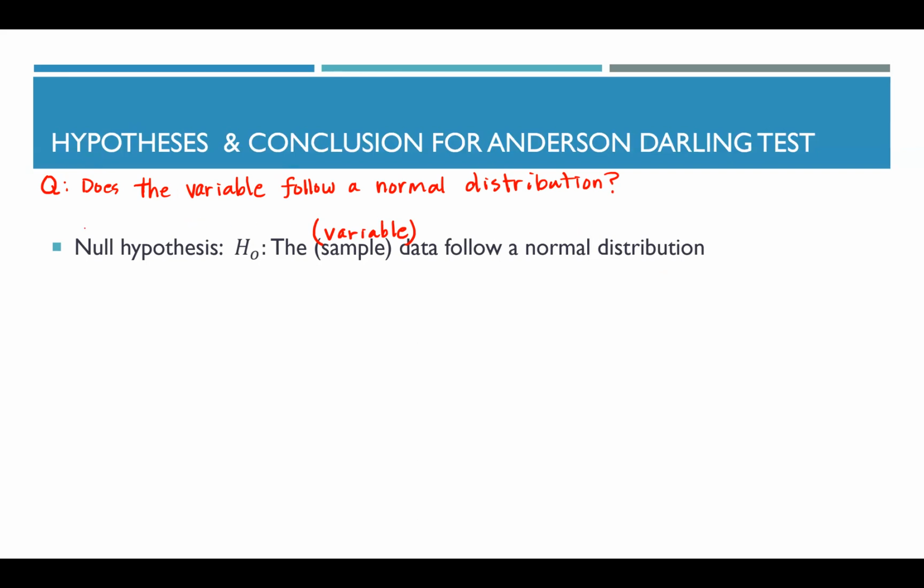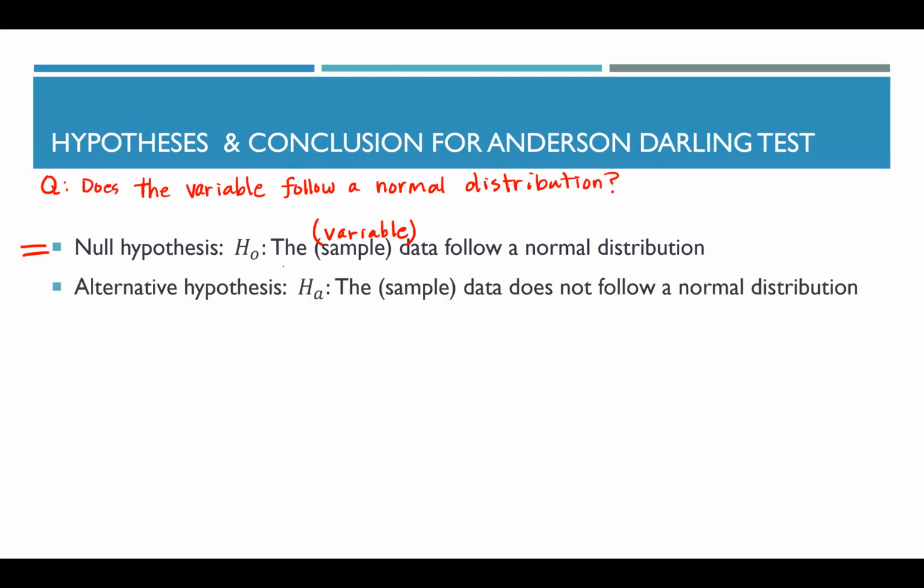Our null hypothesis, remember, must always contain equal. This phrasing, that we follow a normal distribution, is the idea that it's equal or the same as a normal distribution. The alternative hypothesis, remember, has to be the exact opposite.